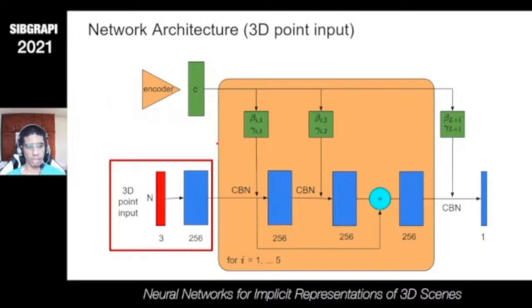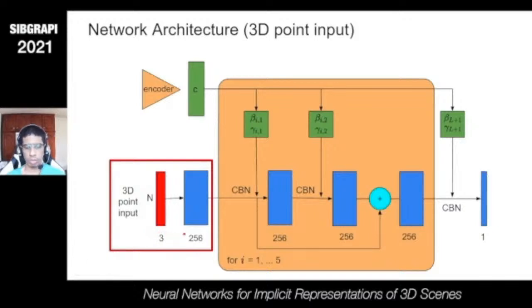Then we have another part that is actually the input that we'll be using for inference, which is a set of n 3D points, and our objective is to calculate the occupancy probability of those 3D points.